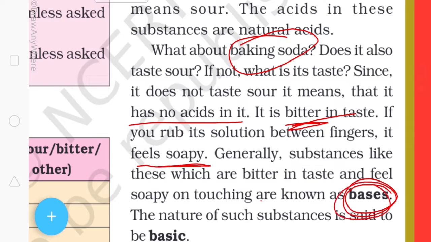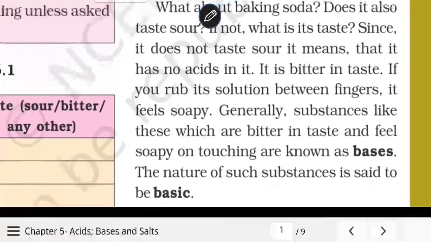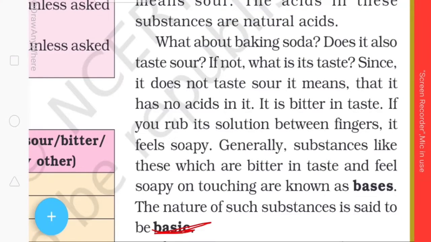Remember the definition of acids and bases. The nature of such substances is said to be basic, because they are bitter and soapy to touch.